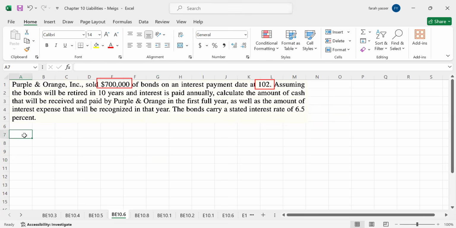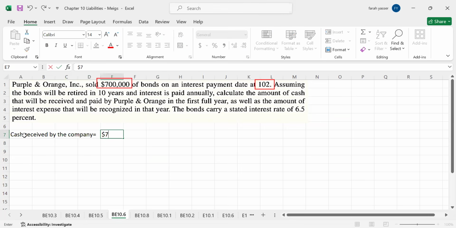So the first requirement is to calculate the cash received by the company after the issuance of the bond. The total face value of the bond is $700,000, and the company is getting 102%, or you can say 1.02 times.